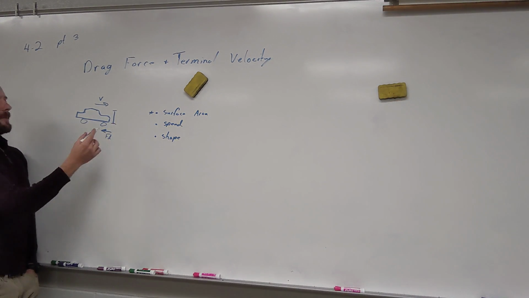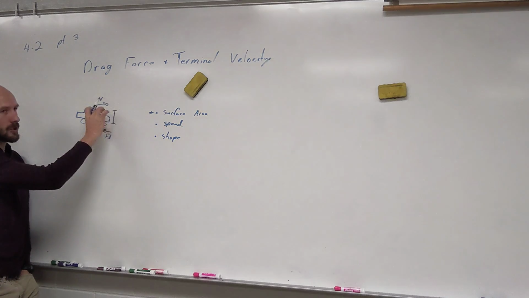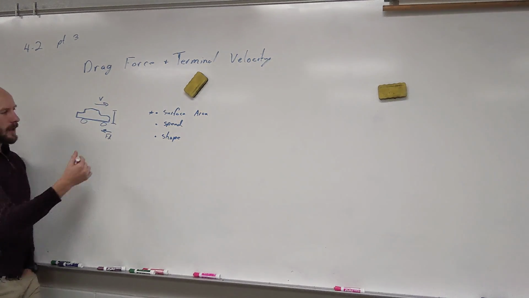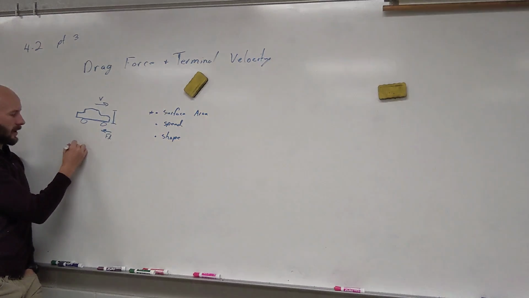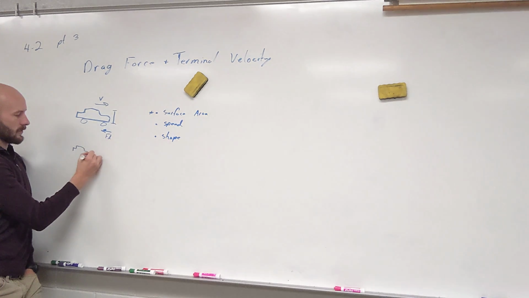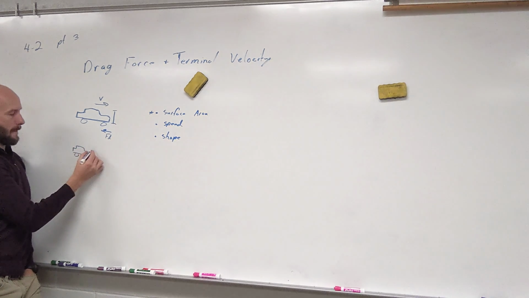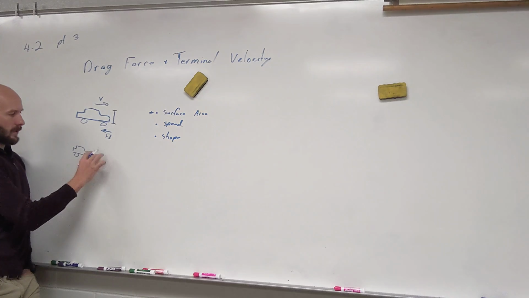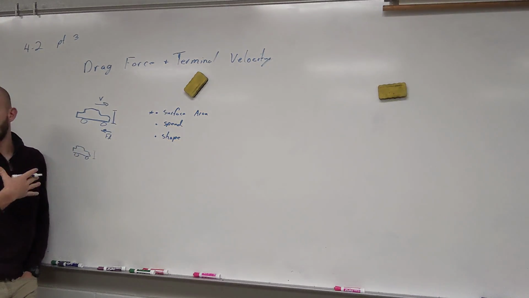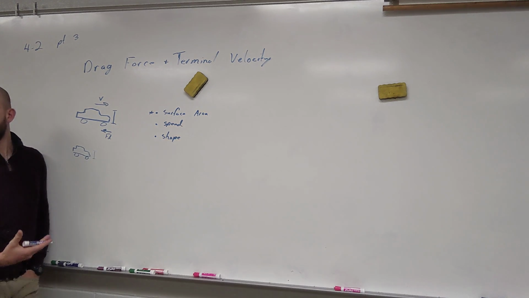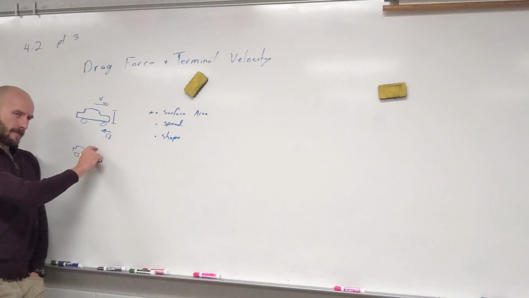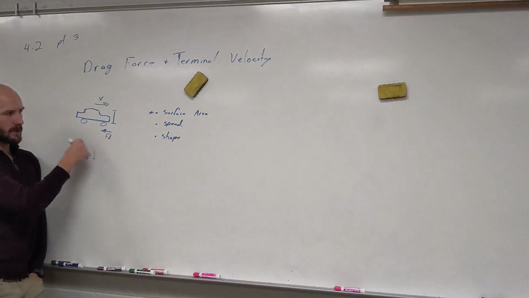A car that has the exact same shape is going to have a similar aerodynamic property, but if it's completely smaller, to where that cross-sectional area is less, it's going to have less air impacting it. It's going to have less drag force. So cross-sectional area, speed, shape.